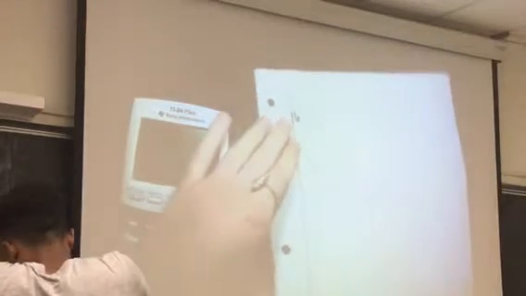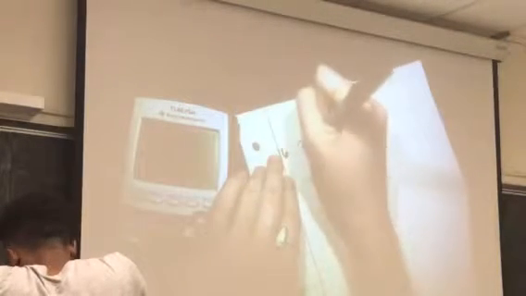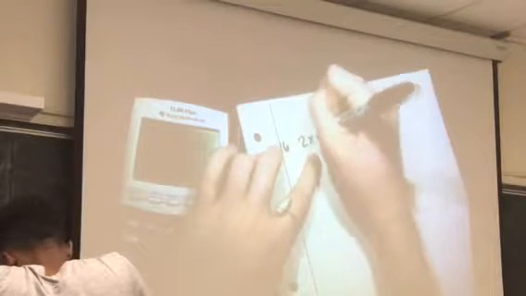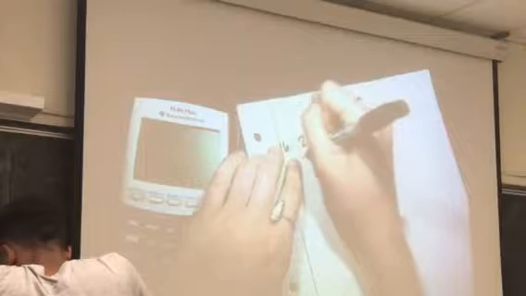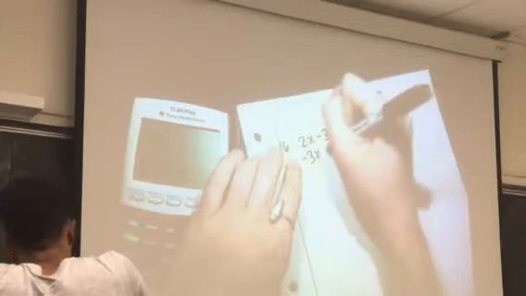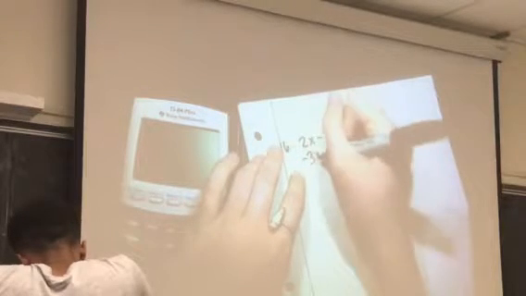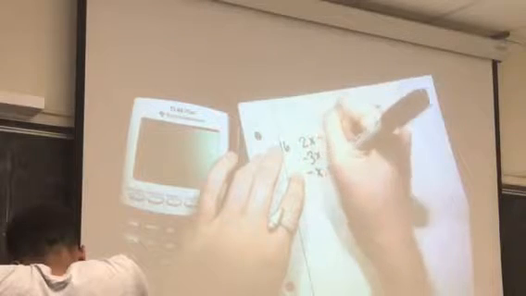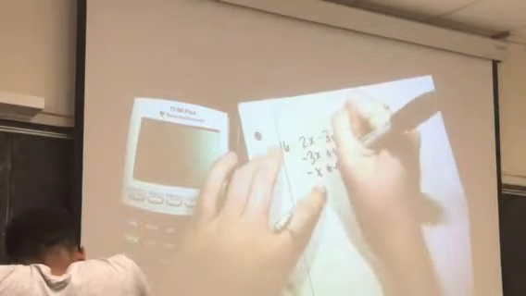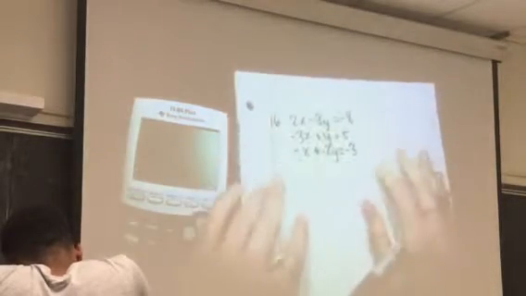So we're going to use a calculator again, okay? Solve the system of 2x minus 3y equals negative 8, and negative 3x plus y equals 5, and negative x minus 2y equals negative 3.